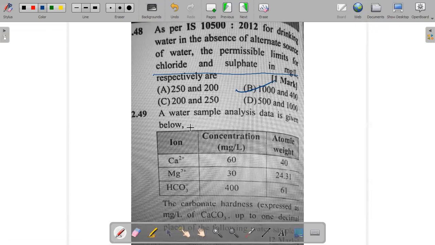Okay, let's move on to the next question, that a water sample analysis data is given, that here Ca2 plus concentration and its atomic weight, for Mg2 plus and for HCO3 minus, we need to find carbonate hardness.